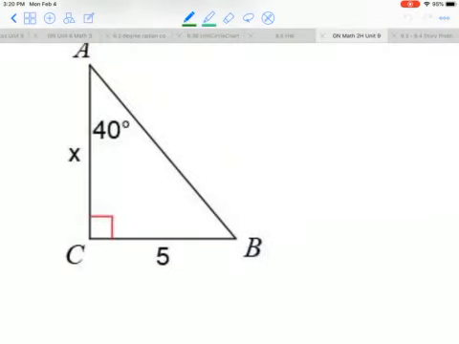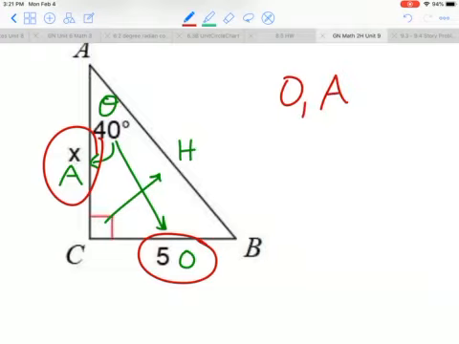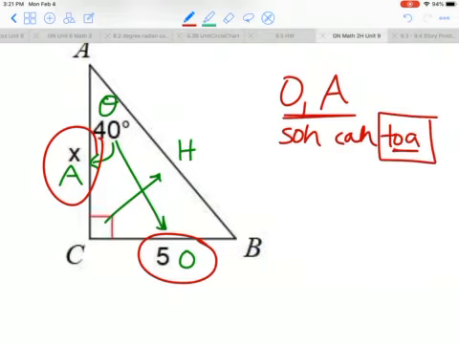Trying it again. So right angle is H. Our given angle is theta, so that's O. Side touching is A. And in this one, we have O given and A unknown. So we want something that has O and A. So from SOHCAHTOA, we want TOA.